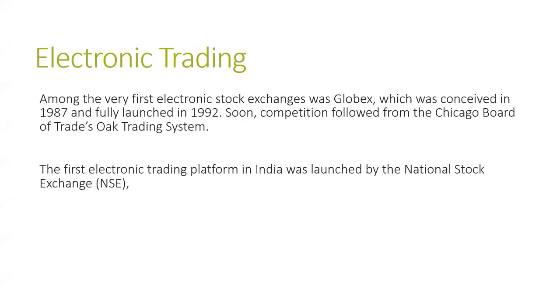In India, even though BSE had the floor trading, and BSE is one of the oldest exchanges, NSE was the first to introduce the electronic trading platform. Because of that, we are now logging into the broker's application, and we have mobile, web and desktop applications. So a lot of modern things happened post 1992 onwards.